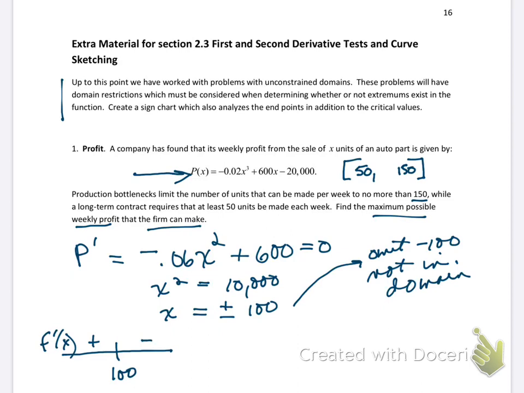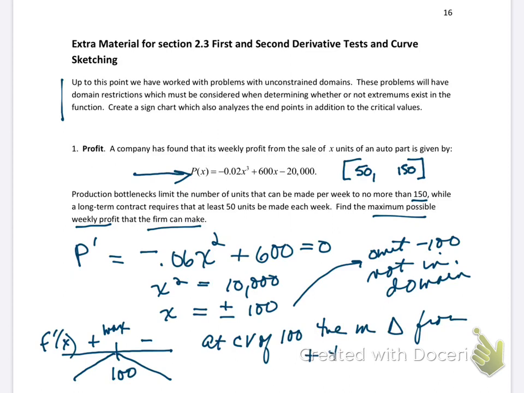Okay, so that means that our function looks like this. So I have a max profit occurring when I produce 100 units of the auto part. Okay, so let's write our statement. Okay, so I can say that at the CV of 100, the slope changes from positive to negative, which yields a max.